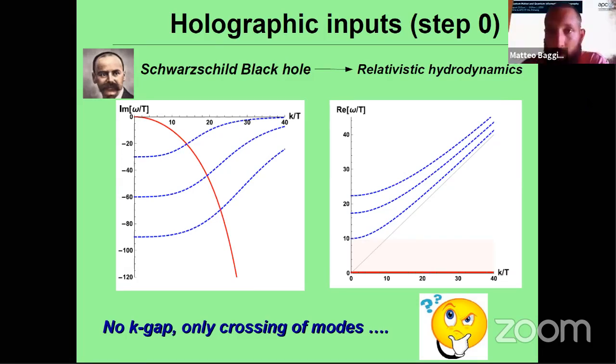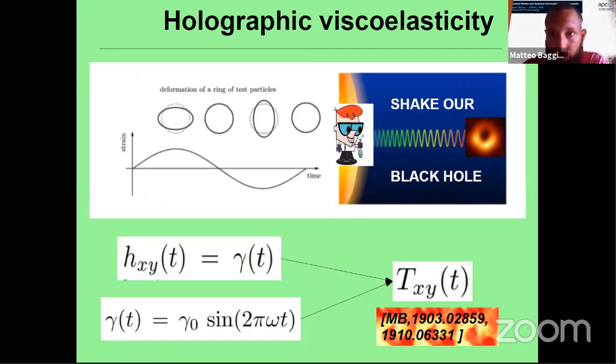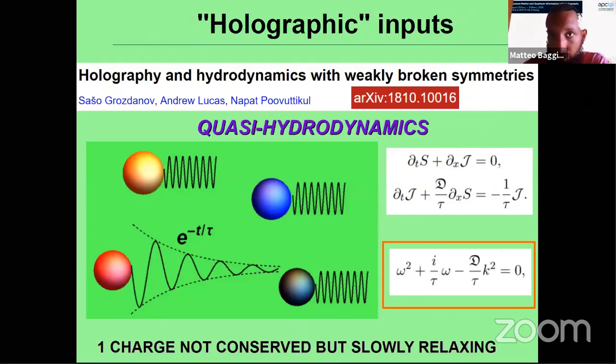Indeed, in this paper that I was mentioning here, there is one assumption which is very important. This breaking has to be soft. You can see in the title, with weakly broken symmetries. So if the symmetry is broken softly, you can still define what they call quasi-hydrodynamics, which is basically a regime where it's not exactly the standard hydrodynamics, but you can still do a treatment.